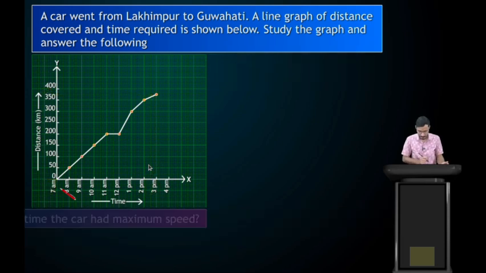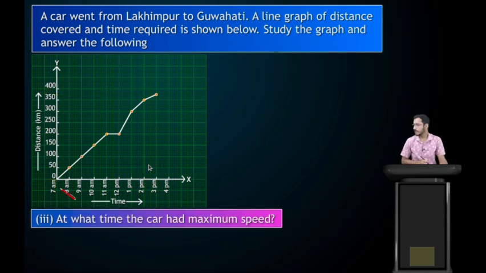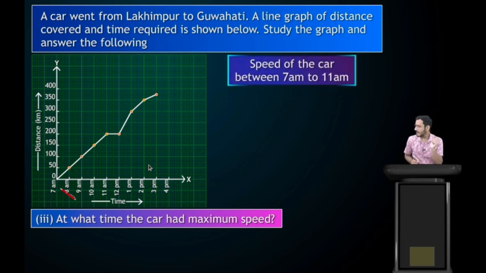Now the third question is, at what time did the car have maximum speed? Students, can you tell me at what time the car had maximum speed? Read the graph carefully. Consider the speed of the car between 7 a.m. and 11 a.m. At 7 a.m. the speed of the car is 0.